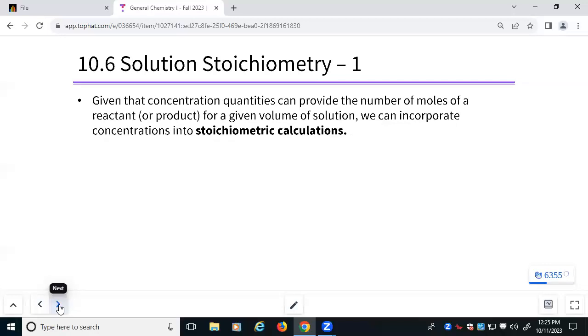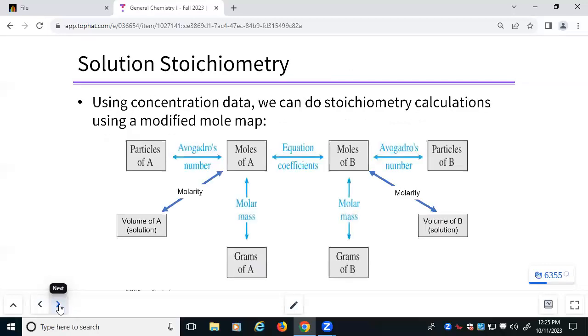Now, the problem we run into is that our conventional framework of stoichiometry did not include anything having to deal with solutions. If we go back to module 4, all we had to work off of were the idea of looking at grams and particles and moles.